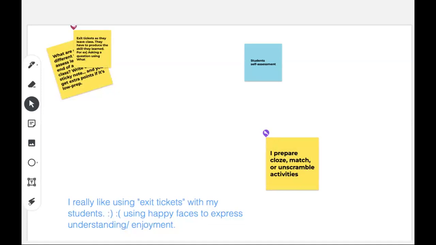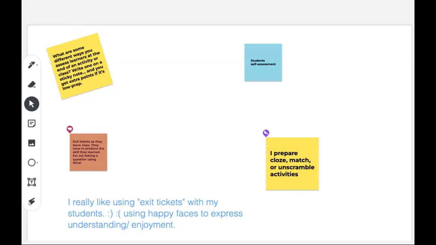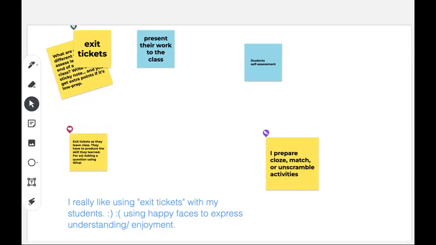I prepare cloze, match, or unscramble activities. So from easiest to hard, do you think match would be easier, and then cloze, and then unscramble? I'm curious. Exit tickets. Nice.